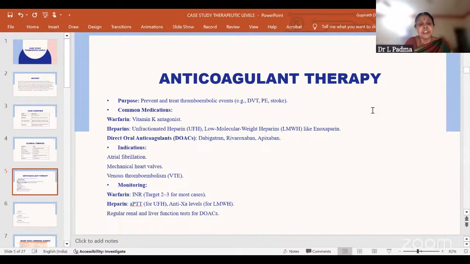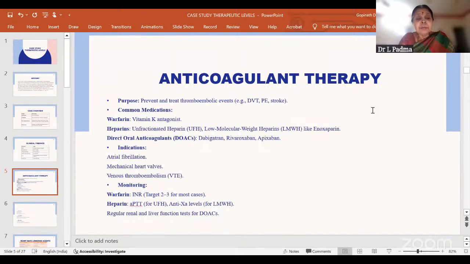The common medications we use are warfarin, a vitamin K antagonist, on an OPD basis, and heparins, mainly unfractionated in the ICU. Low molecular weight heparin like enoxaparin can be used on an OPD basis, but is quite costly. I'm just giving you an overview. Any more information you want, please tell me, because we have already dealt with this.